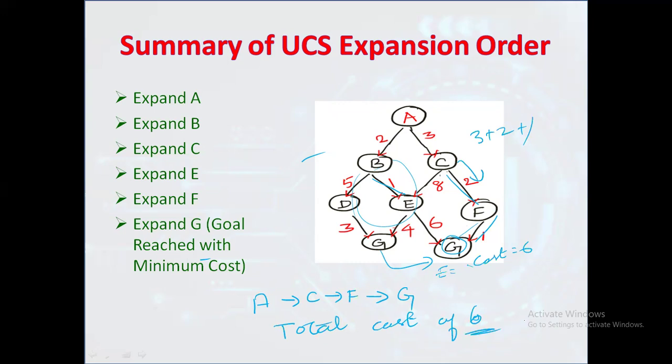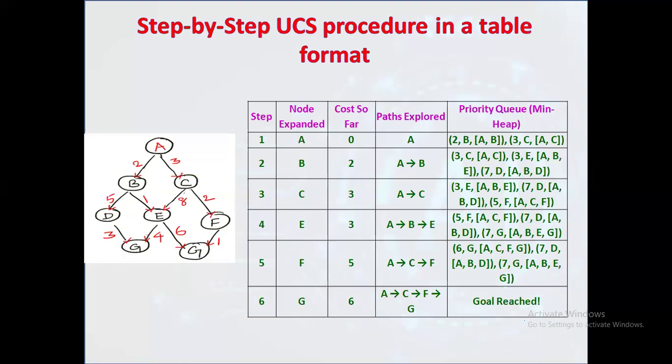This problem could also be explained in terms of a table. We'll see that on a single table we can complete it. This is the problem which I have taken already. This table clearly shows how UCS, that is uniform cost search, expands the least cost node first, ensuring the optimal solution.